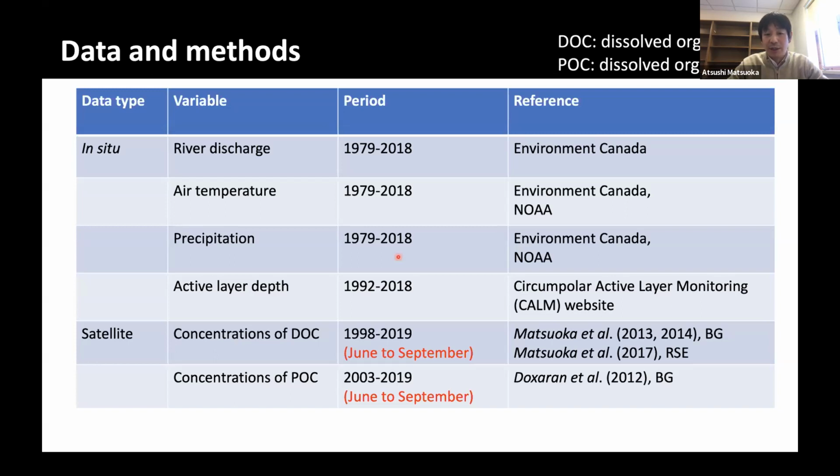Here, I note that satellite data are only available from June to September, only 4 months, because of the sea ice cover and the cloud issue. However, data within these 4 months already accounts for over 60% of the total annual flux. So we will be able to keep tracking what's going on using the data within 4 months.